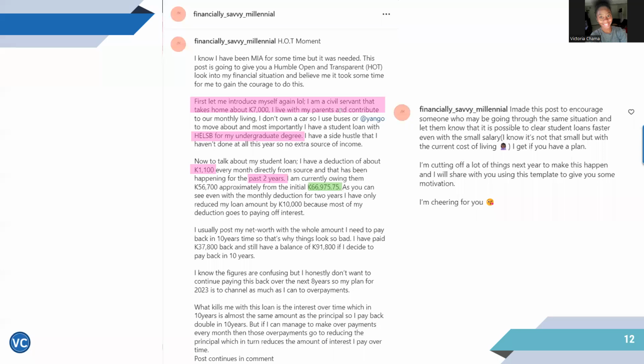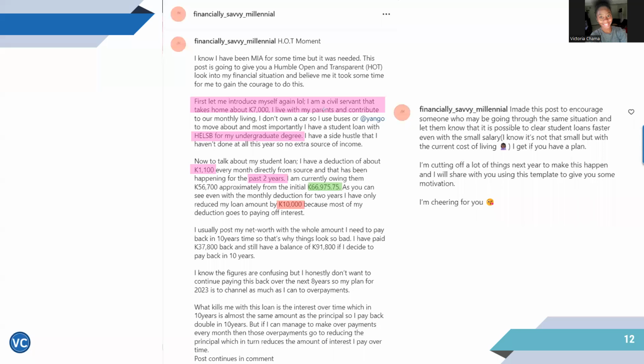But surprisingly, even after 2 years of paying that 1,100, she's only reduced her loan amount by 10,000. We're going to look at her schedule. She was able to share this with me, and we're going to explain why the majority of her payments are going towards interest versus the principal on her loan.